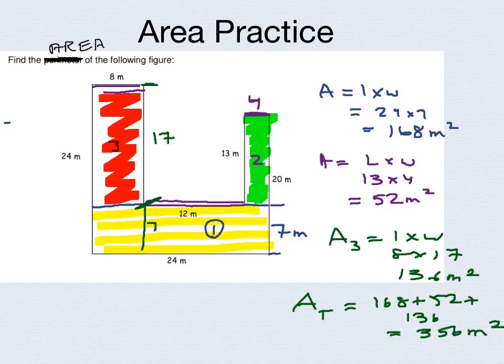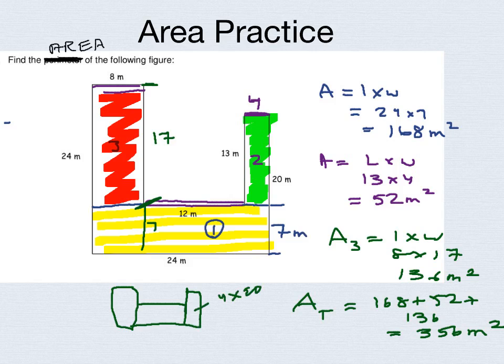Now if you were thinking you would have preferred to divide this up a different way and done this shape and the small one in the middle and then this long shape, that also could have been done. You would have had 4 by 20 here.